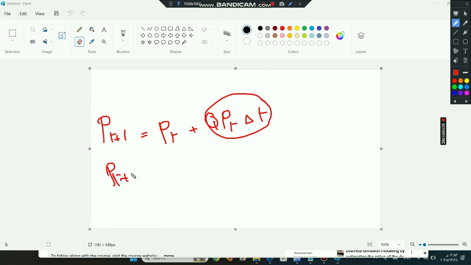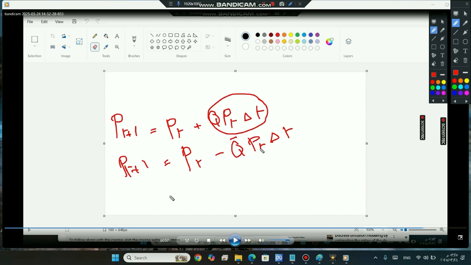Pt plus 1 will equal Pt minus Q dash Pt delta T, right? Remember when we said that using the opposite or the inverse matrix will result in the exact opposite vector? So we just substituted that and reversed the sign over here.